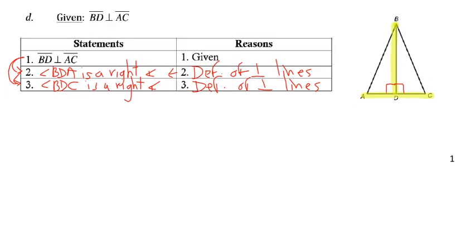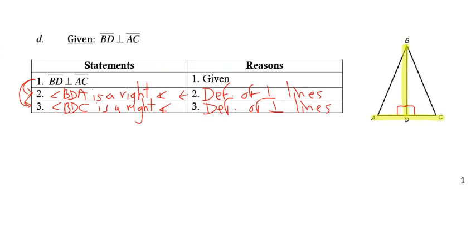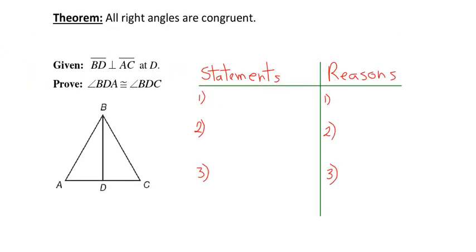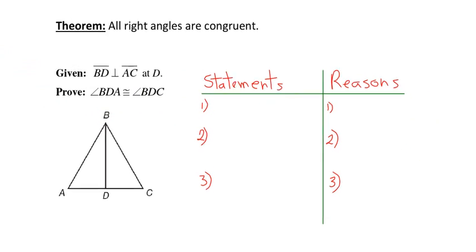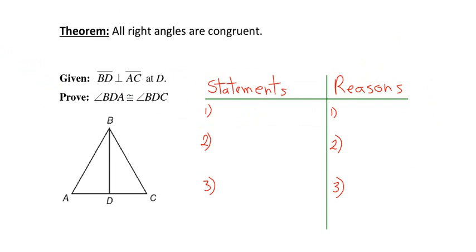Okay, so next one, I'm just going to give a very simple proof, but I'm also going to introduce a very important theorem that we're going to be using a lot, which is written here on the top. The theorem is this one: all right angles are congruent. So this is a new theorem that I'm adding today.